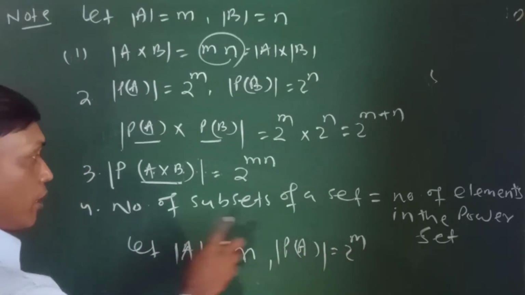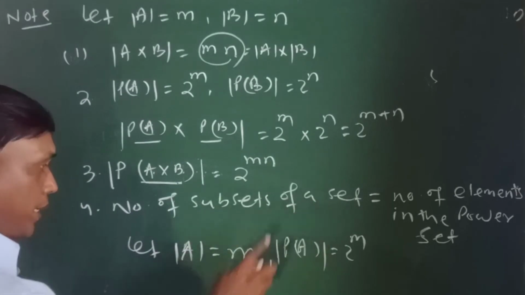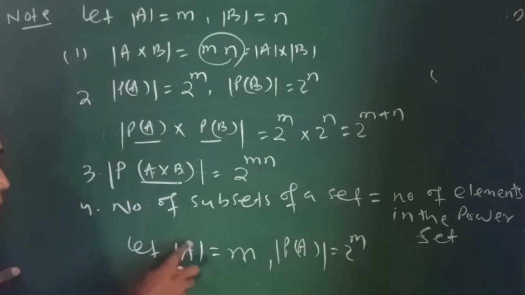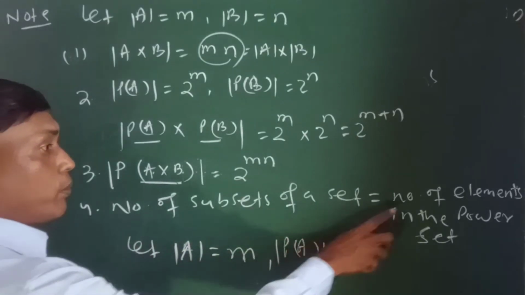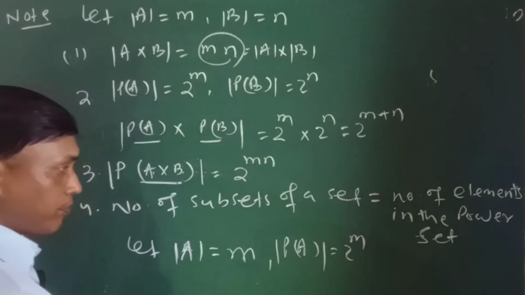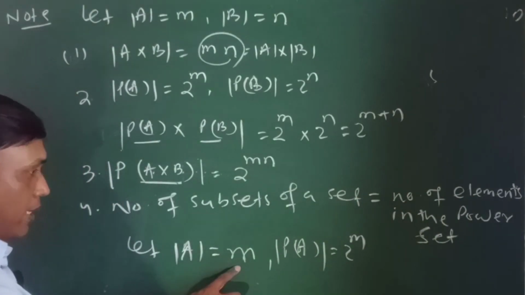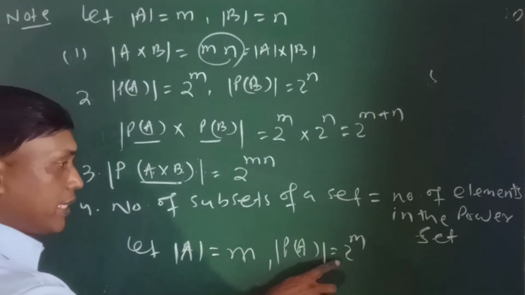That means the number of subsets of a set. I want to find the number of subsets of A. How many subsets of A are there? The number of subsets is equal to the number of elements in its power set. And if A has m elements, then the cardinality of the power set of A is 2 to the power m.